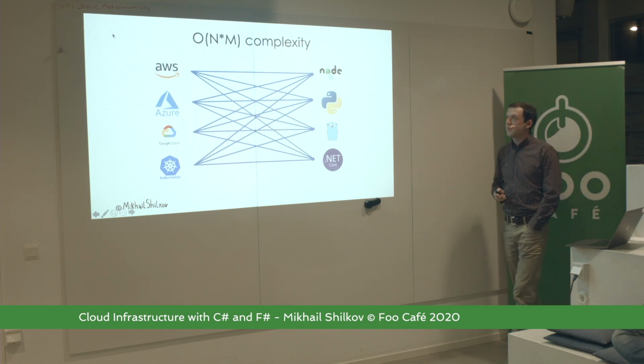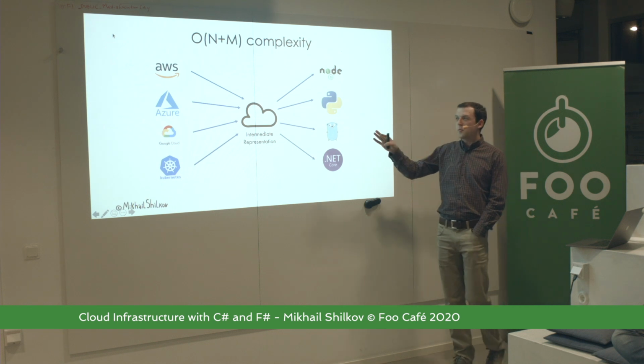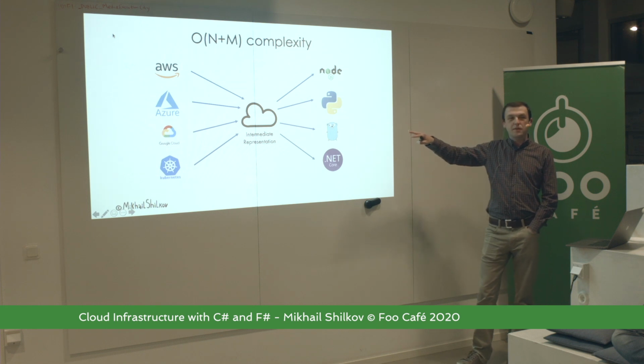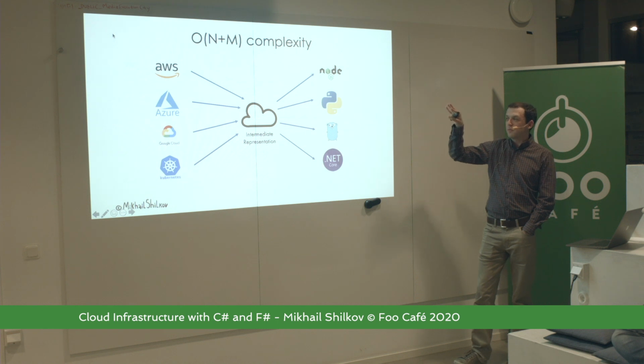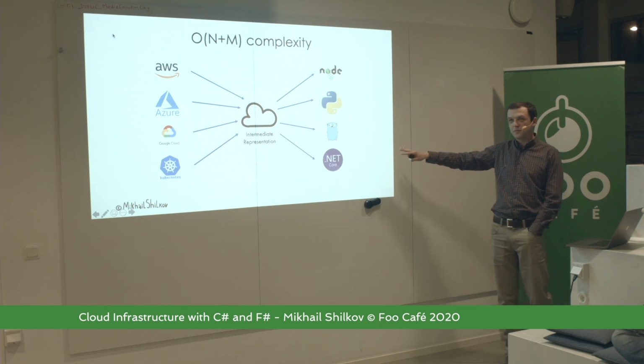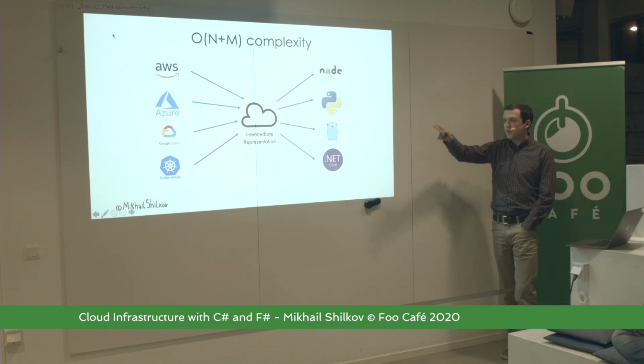So we don't do that. We have for every provider one representation of what it is, like one model. And then for every runtime, we have a code gen which generates from the intermediate representation to the target runtime.